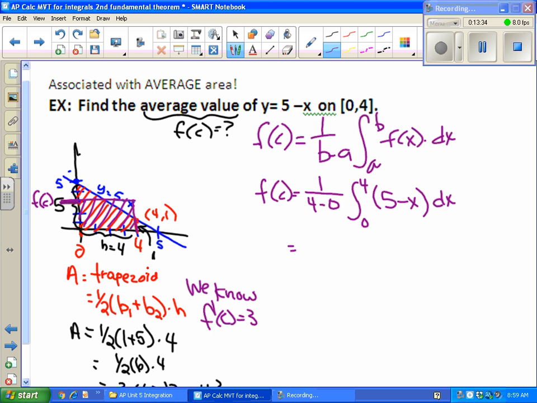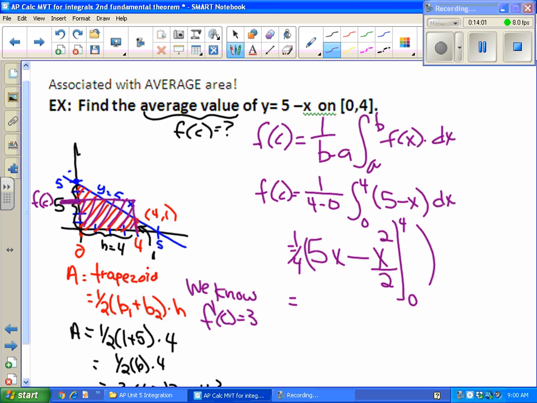What's the integral of 5? 5x. All right, minus, what's the integral of minus x? There you go. Then we're going to evaluate it from 0 to 4. And we have to remember that we do have 1/4 out here.